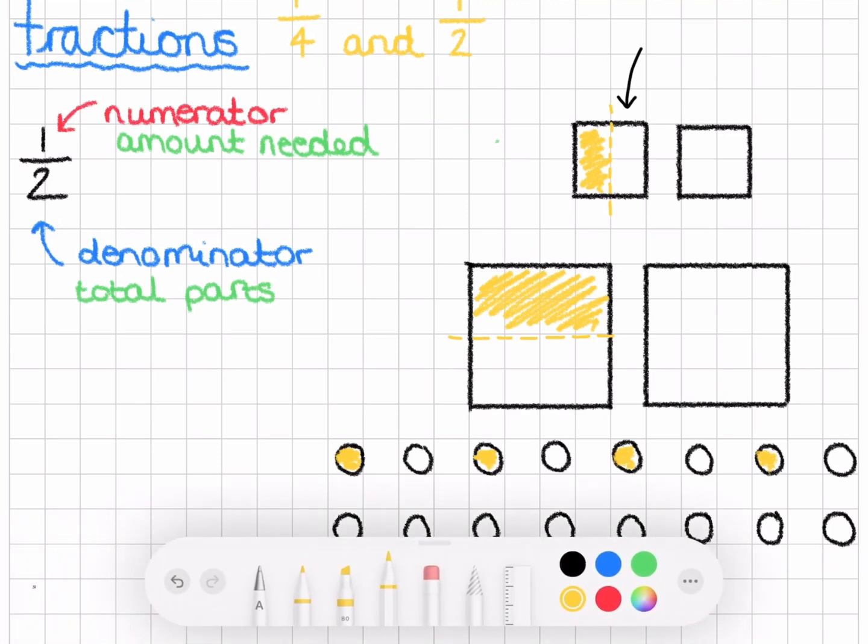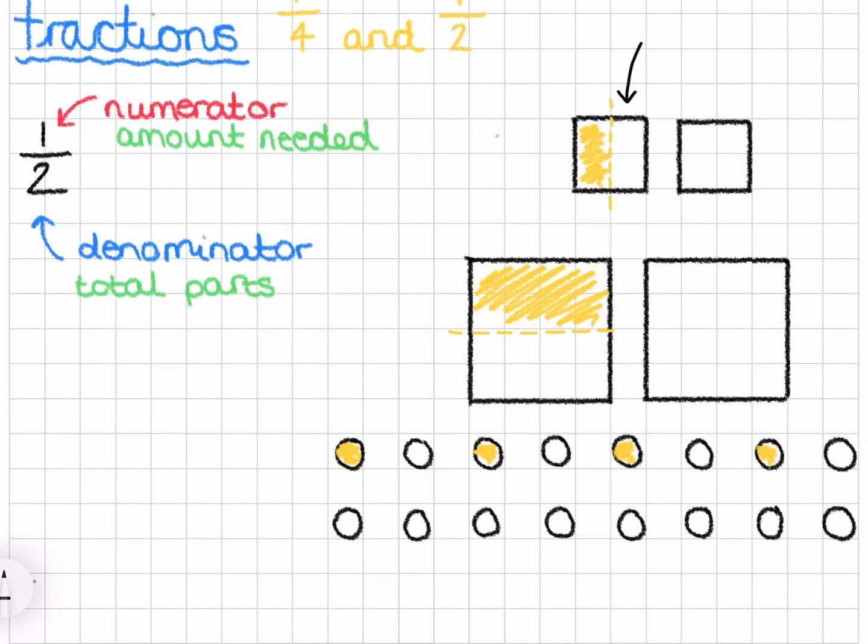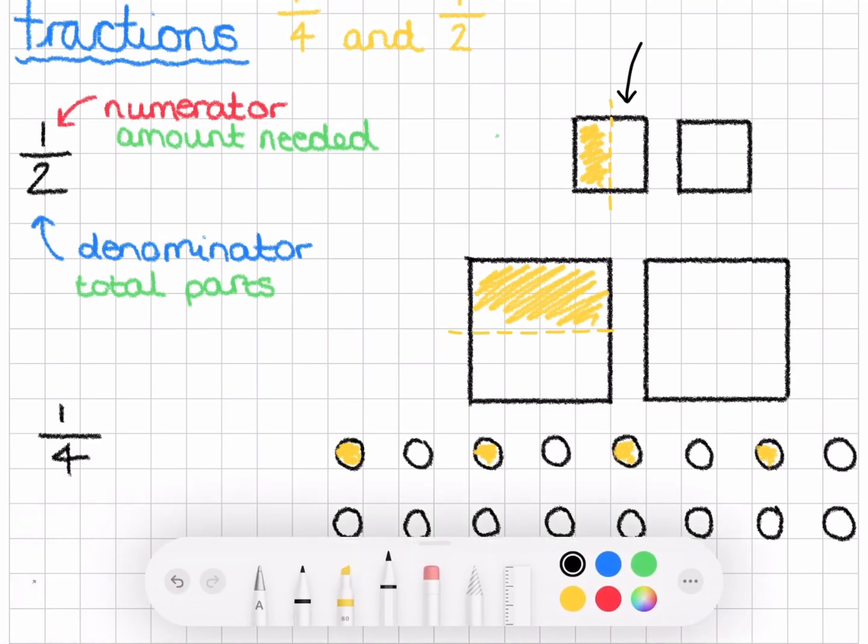Now we've done half, it's easy to move on to quarters. A quarter, just like we showed with the half, has a numerator and a denominator. It'll be 1/4. 4 stands for quarter. Again, we've got the numerator, so if I label these, that is the amount needed.